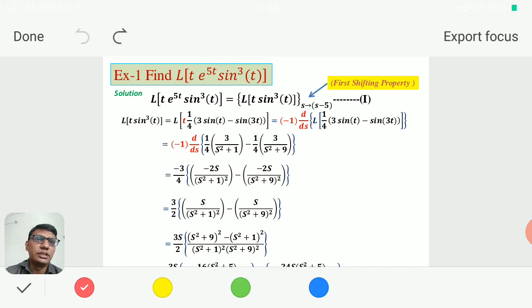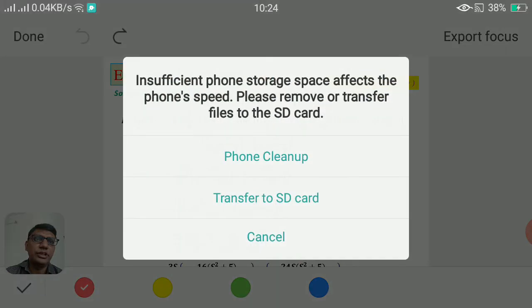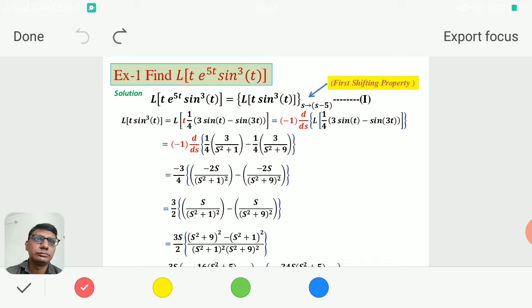Now first of all write the Laplace of sine t. Laplace of sine t is 1 upon s square plus 1 in the first part, so this part is 3 upon s square plus 1, with 1 by 4 outside. Here also 1 by 4 is outside, and Laplace of sine 3t is equal to 3 upon s square plus 9. Now we differentiate it.